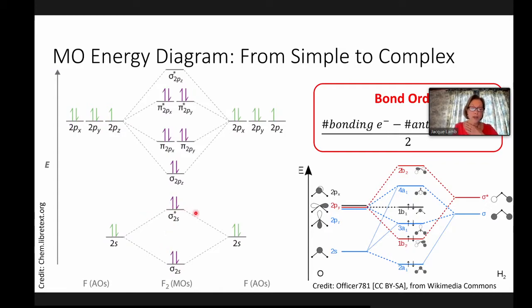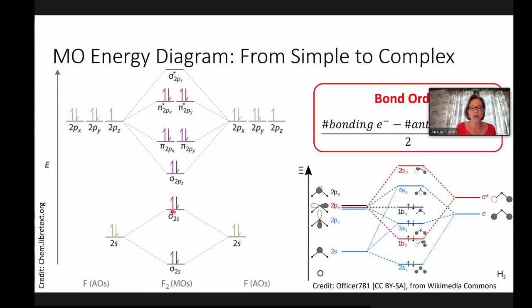But we combine these two 2s orbitals. We're going to create two molecular orbitals. The sigma 2s is lower in energy. It's a bonding orbital. The sigma star 2s is higher in energy. It's a destabilizing orbital. Nonetheless, it has to be filled with electrons. So these 4 electrons will populate the sigma 2s and the sigma star 2s.